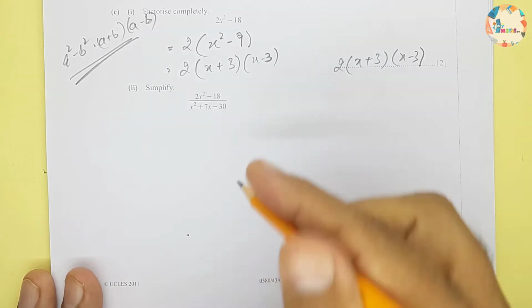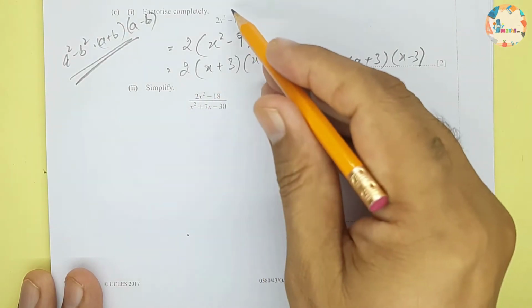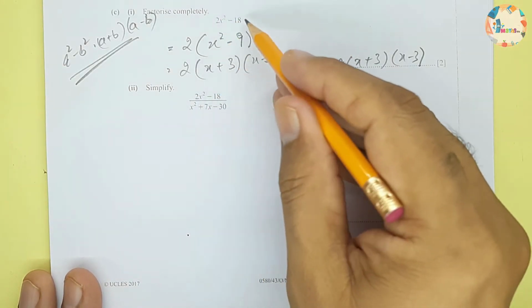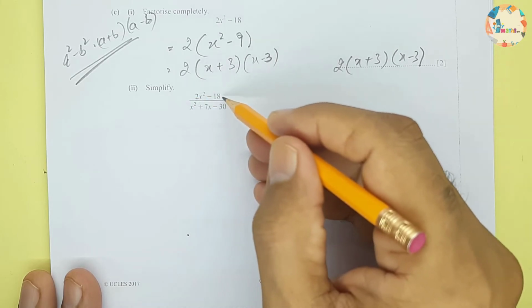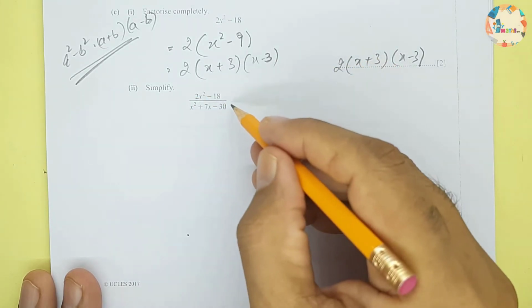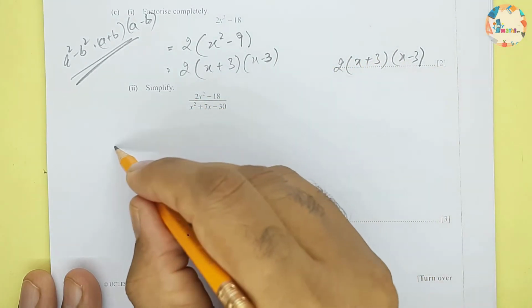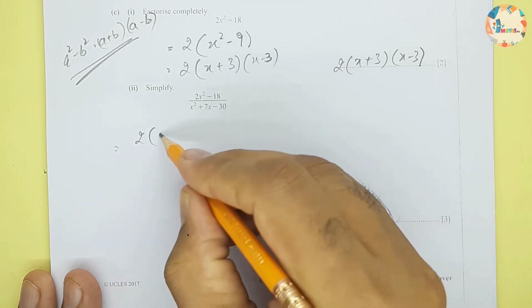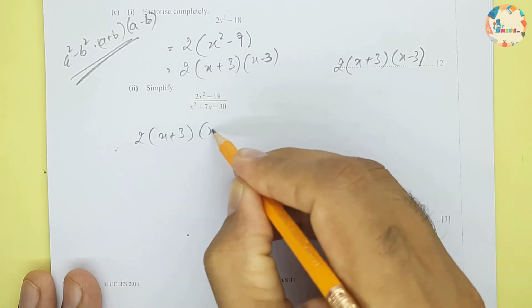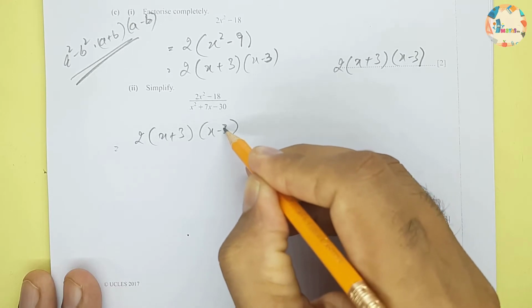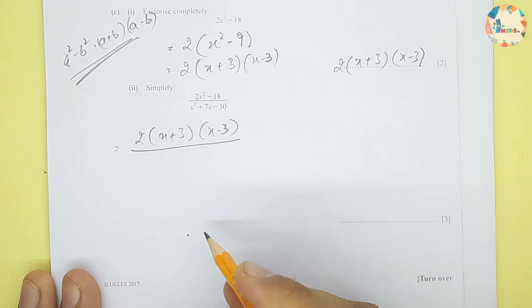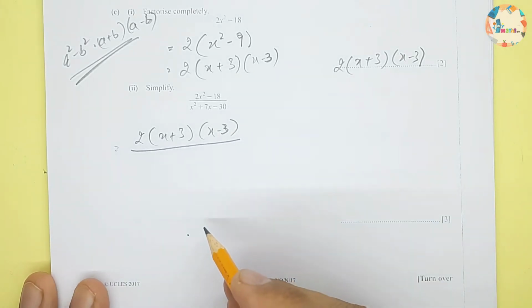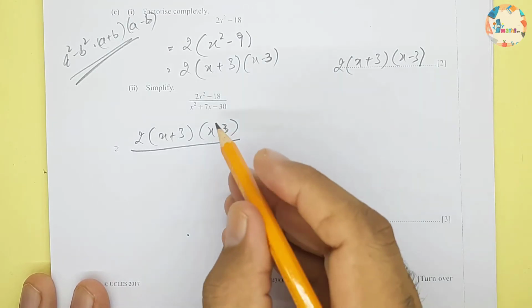Simplify. The same thing which is C part 1, 2x square minus 1 is given as numerator. So we will write factorization of this one. So this will be 2 into x plus 3 and x minus 3, which we have taken from part 1. And the denominator can be factorized.